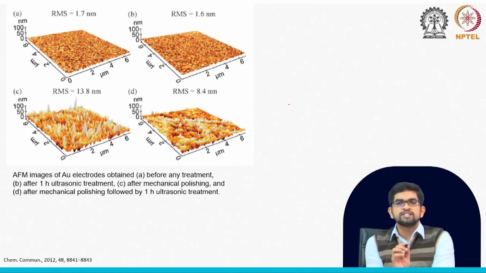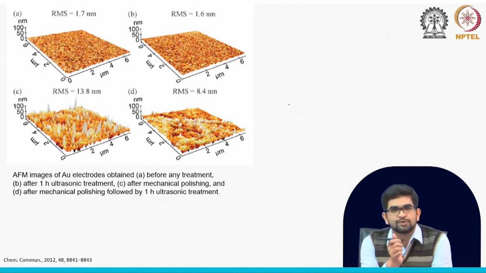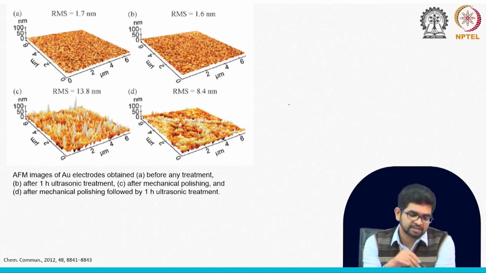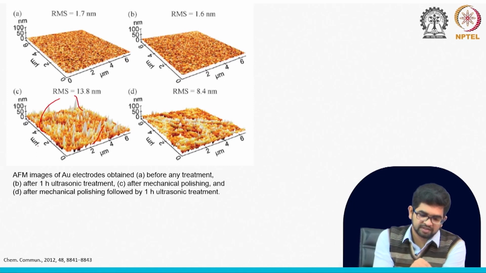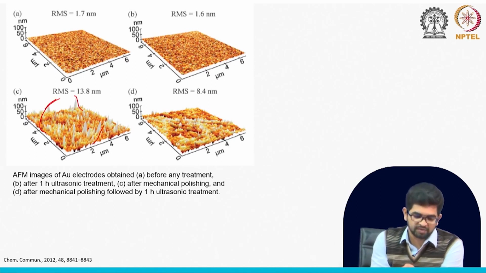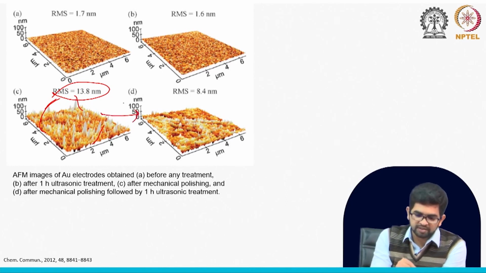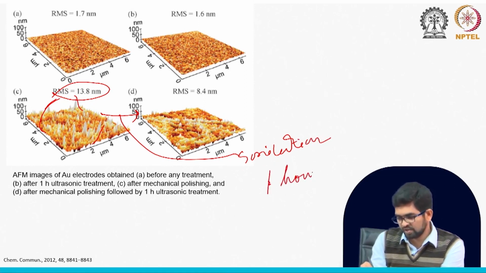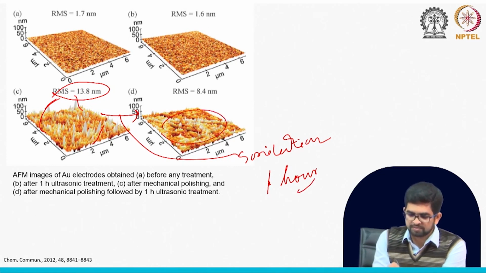So first we investigated the surface roughness. As I told you in the phantom treatment, before the treatment, the surface becomes very rough after the mechanical polish. You can see the surface roughness 13.8, and then when we sonicate for 1 hour, you see surface becomes smoother and roughness becomes 8.4.